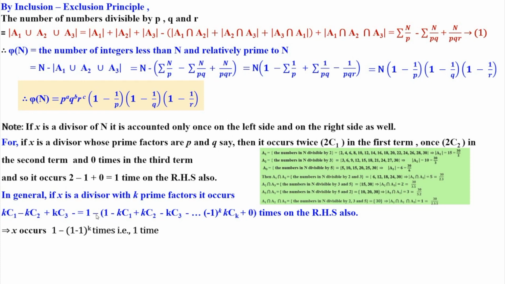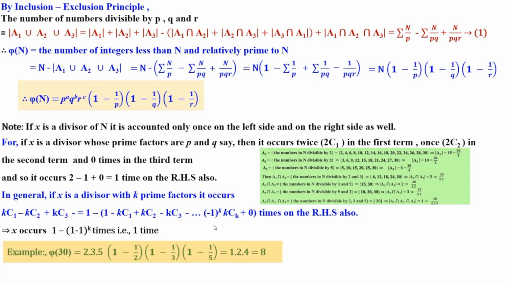So the minus sign is taken out and 1 is added and subtracted. So 1 is retained as such, and the rest is nothing but 1 minus 1 to the power k. When you binomially expand this, this is what you get. So it occurs 1 minus 0 times, that is 1 time.